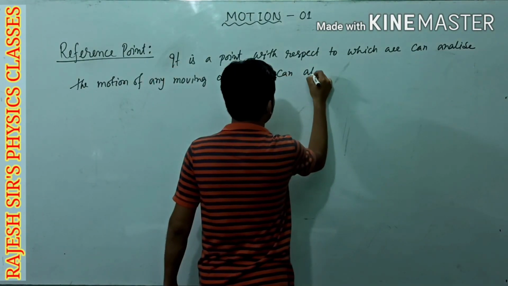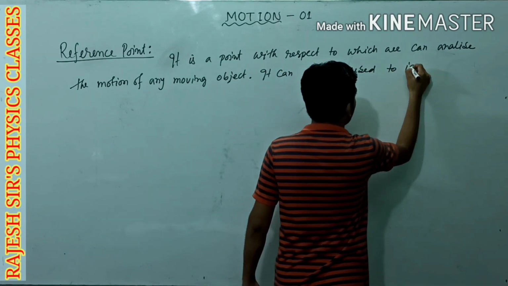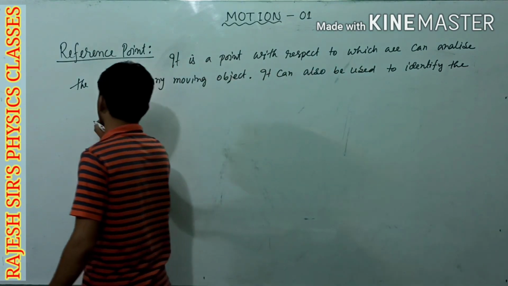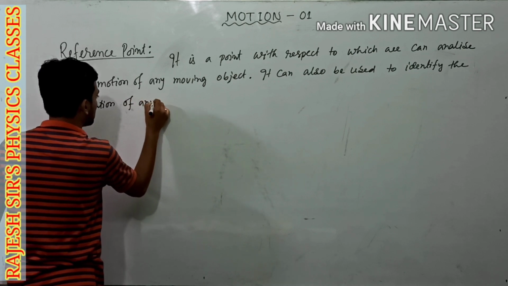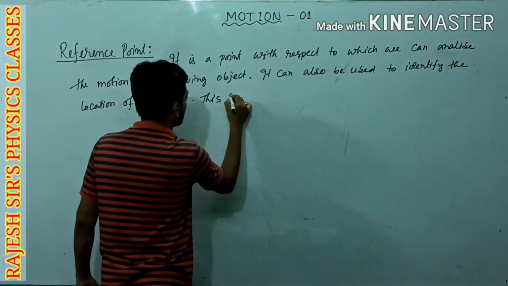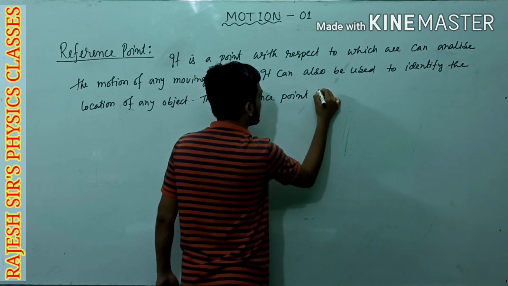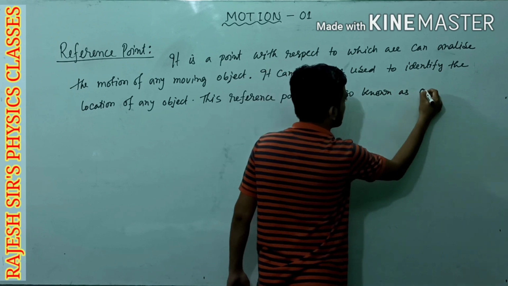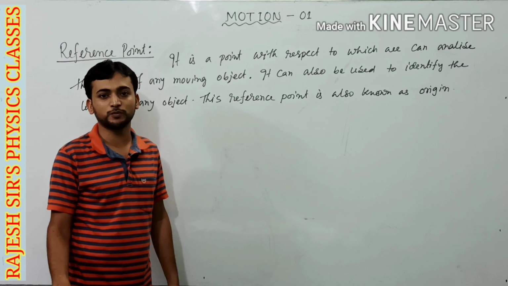It can also be used to identify the location of any object. This reference point is also known as origin. Here we have to remember one thing, that the size of the reference point is very small.